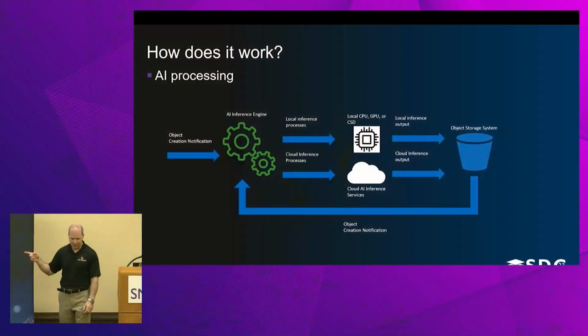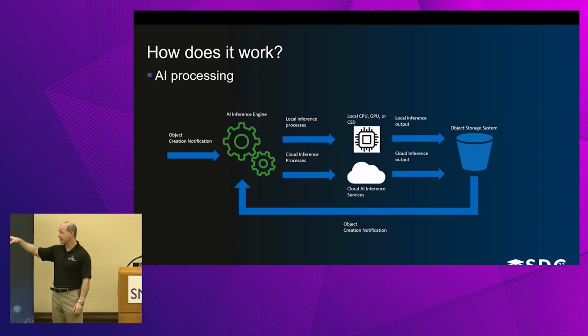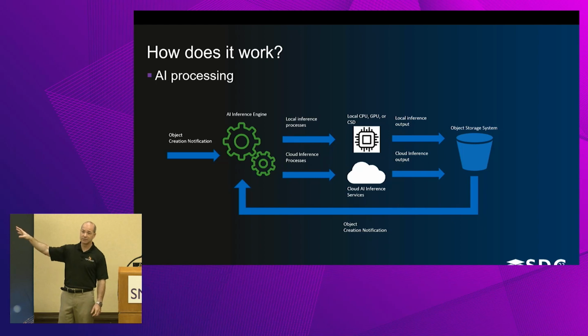So get back to this diagram. Just a couple notes on this. The idea that we can send the inferencing operations wherever is really useful. And there's nothing magical about that, but not having to be constrained by just one set of inferencing capabilities makes it extensible.